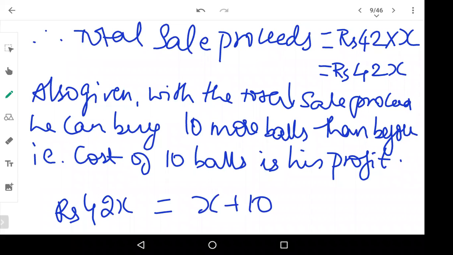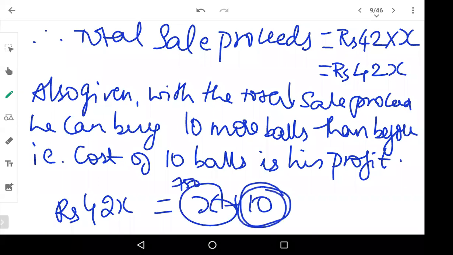Okay, so x balls he had already bought at 750 rupees. Okay, this 10 balls money, whatever he is having extra, this will be his profit. Are you all able to follow? You have to analyze in such questions. Yes? Okay.